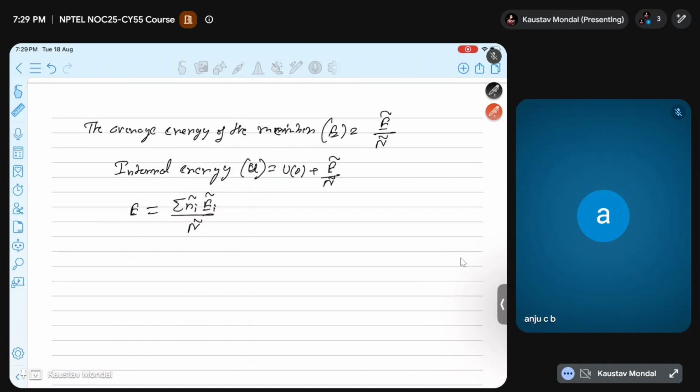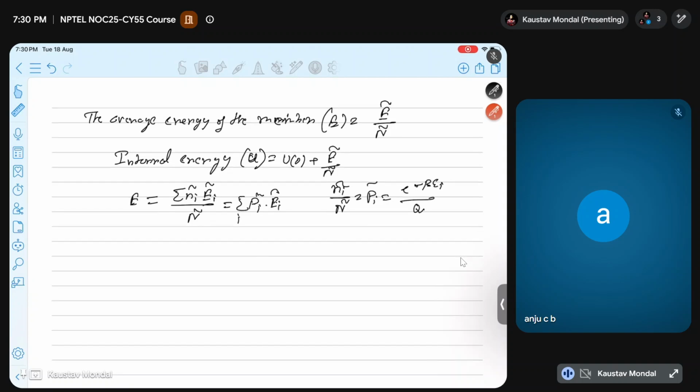This is nothing but Pi tilde by Ei tilde. Now again, Ni tilde by N tilde, that is Pi, basically is nothing but e to the power minus beta Ei by capital Q. Okay.